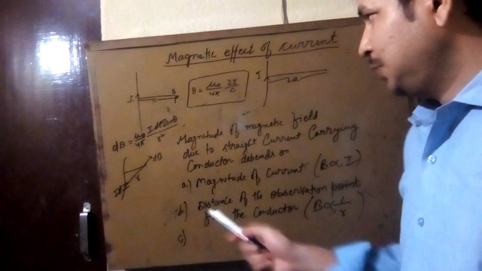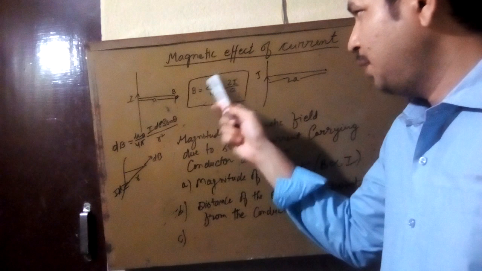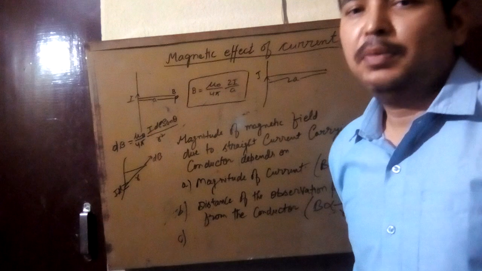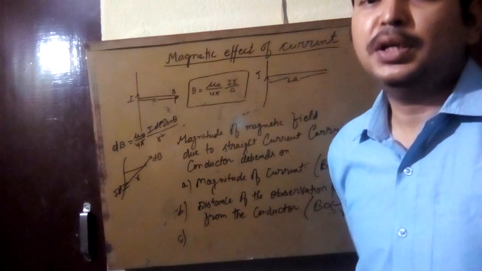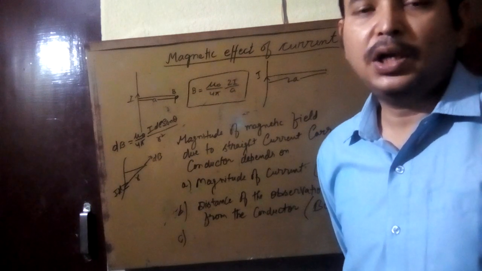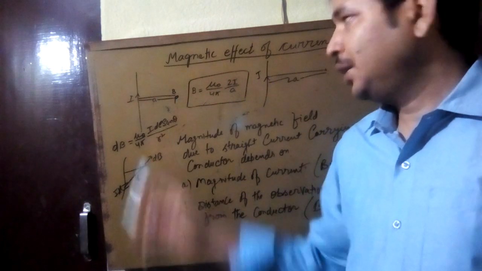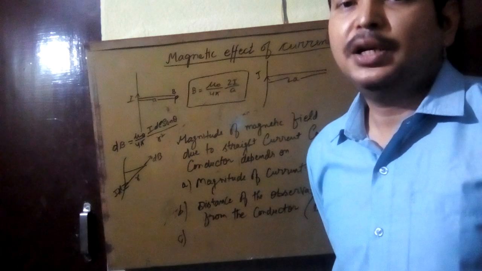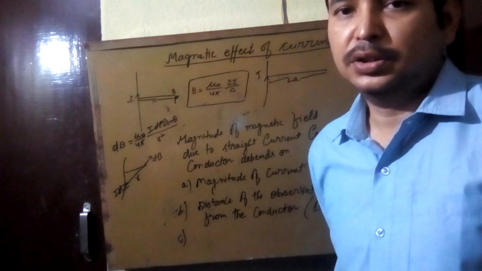And the last point, you can see one term is there, this is permeability, and this depends on the medium surrounding the current carrying conductor. If it is air, then it is okay, mu naught. If it is not air but another medium, then it will also change.